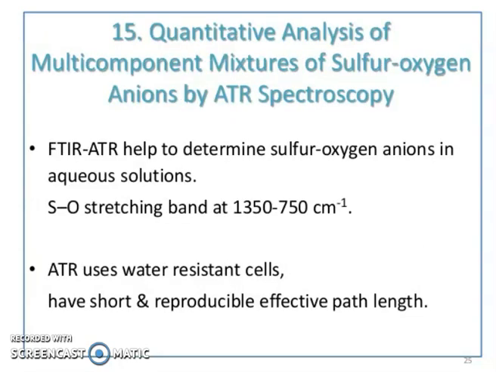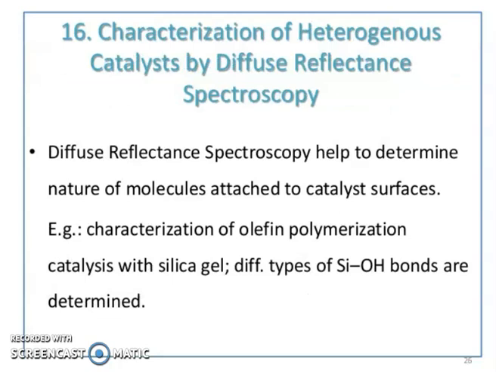So, quantitative analysis of a multi-component mixture of sulfur-oxygen anions by FTIR spectroscopy. FTIR helps to determine sulfur-oxygen anions in aqueous solution. SO stretching bands in this range. FTIR uses a water resistant cell with a short and reproducible effective path length.